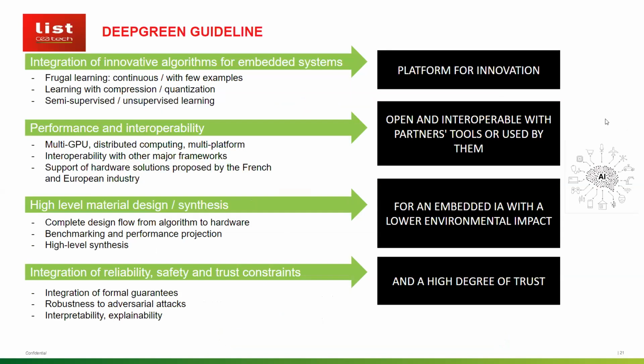Here I show you our main guidelines for this project and also the motivations. We want to have our own independent platform for innovation, in order to develop and integrate innovative algorithms for embedded systems.